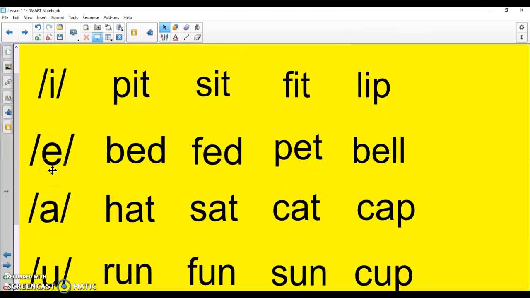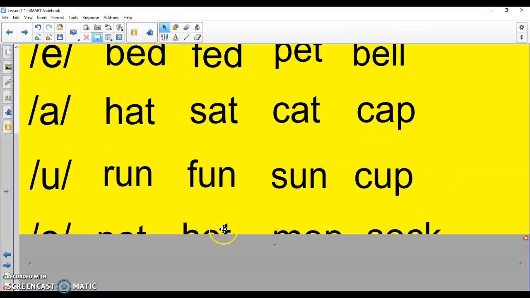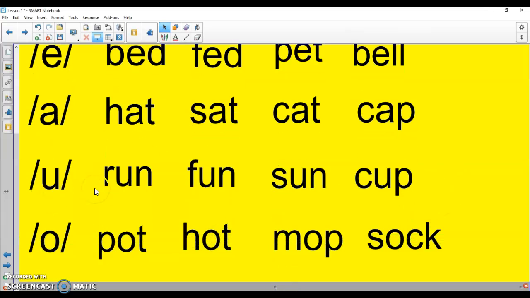Then you have e: bed, fed, pet, bell. A: hat, sat, cat, cap. You have u: run, fun, sun, cup. And o: pot, hot, mop, sock.